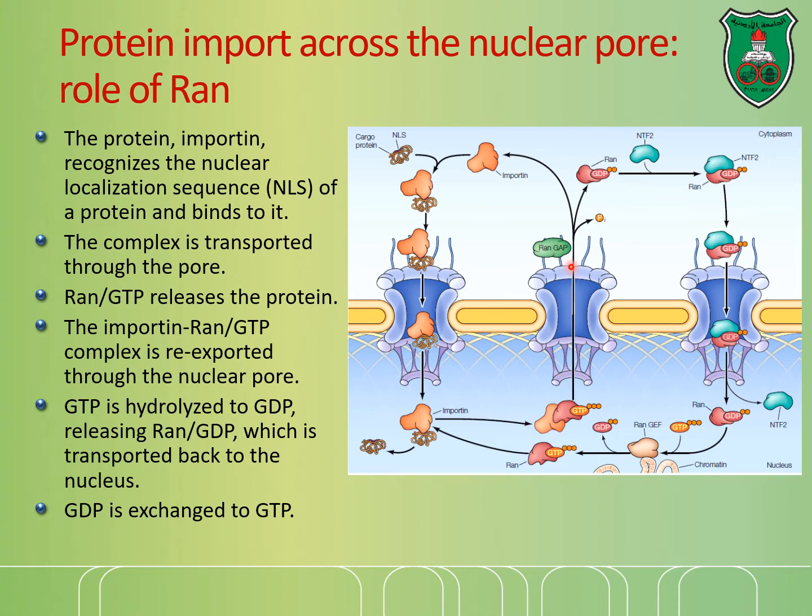Once it takes it outside, you have a protein right here associated with the nuclear pore. It hydrolyzes GTP to GDP on Ran, releasing the importin protein so that it can bind to another protein with a nuclear localization sequence. Okay, so now Ran is bound to GDP.